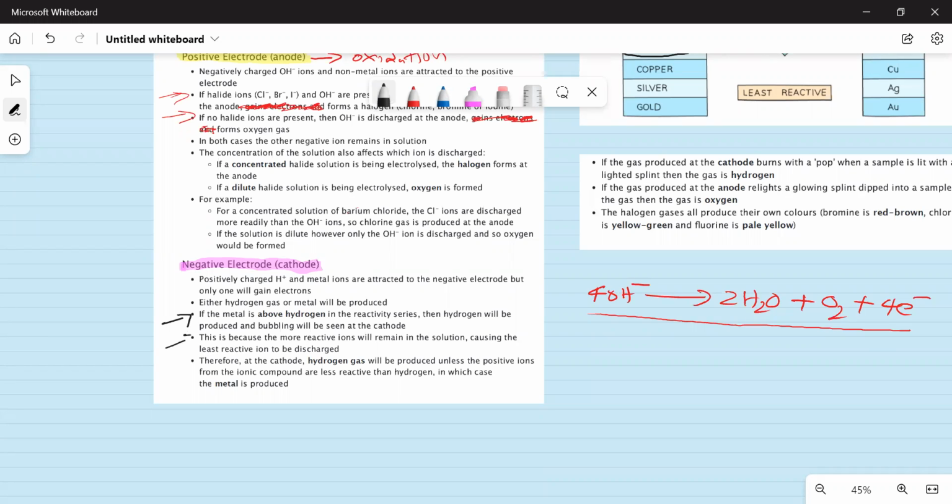And the second point you are going to take into your book, and the third point as well. Please take these 3 points into your book. And how hydrogen is reduced, I'm going to write it, so you will copy that equation as well.